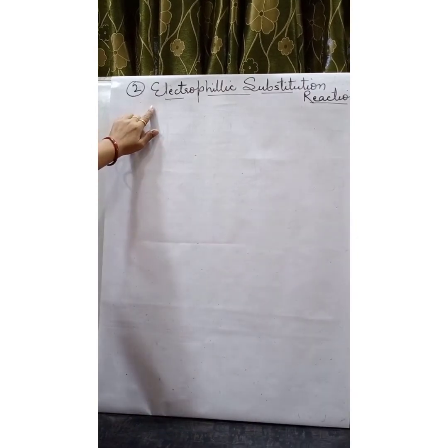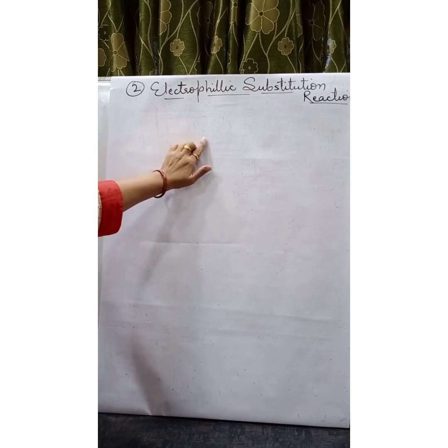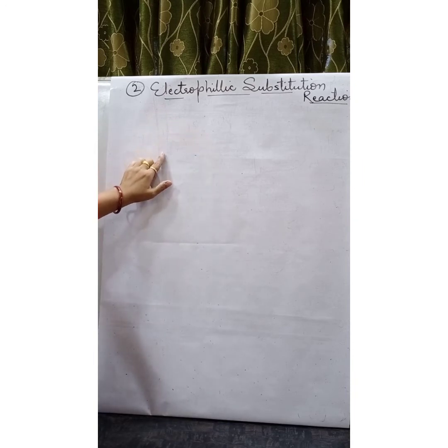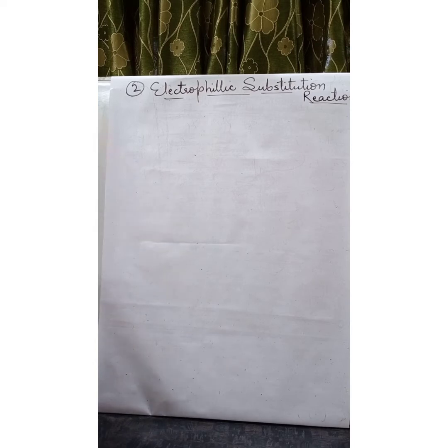Secondly, haloarenes undergo electrophilic substitution reaction. But haloarenes undergo substitution reaction very slowly and require even more drastic conditions as compared to those in benzene. Let us see why this happens. Due to resonance, the electron density increases at ortho and para positions compared to meta position.